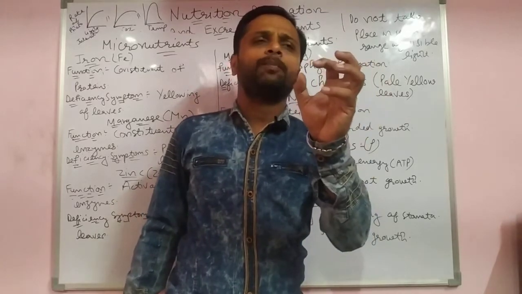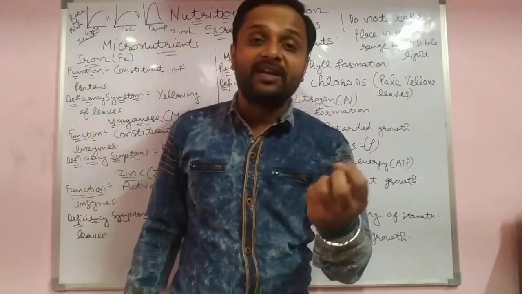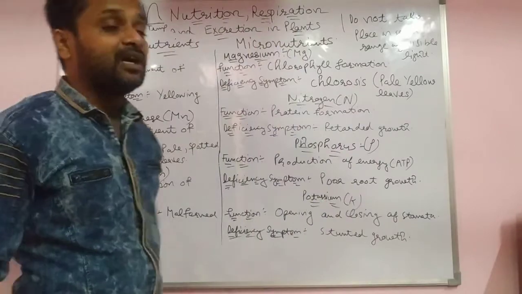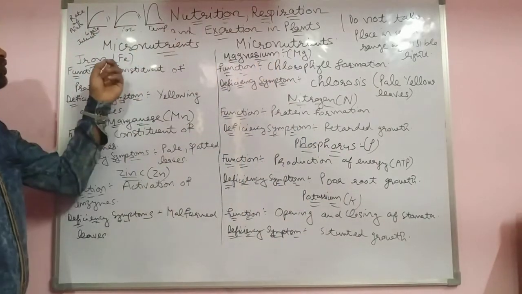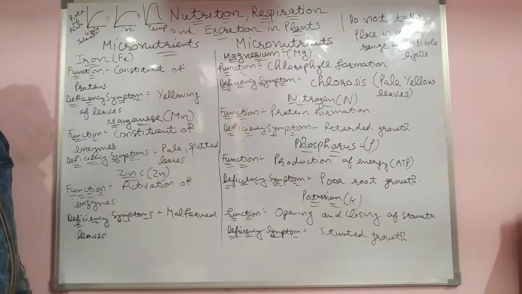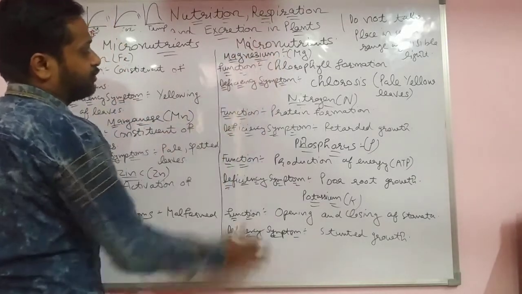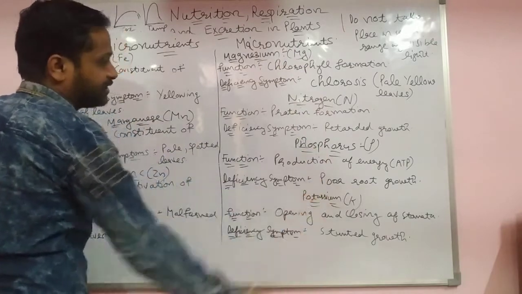Micro is for small particles, like electron, proton, neutrons, and micro means required in less quantity. The nutrients that plants require in less quantity are called micronutrients. For example, iron, manganese, zinc. And macronutrients are those the plant requires in more quantity: magnesium, nitrogen, phosphorus, potassium.